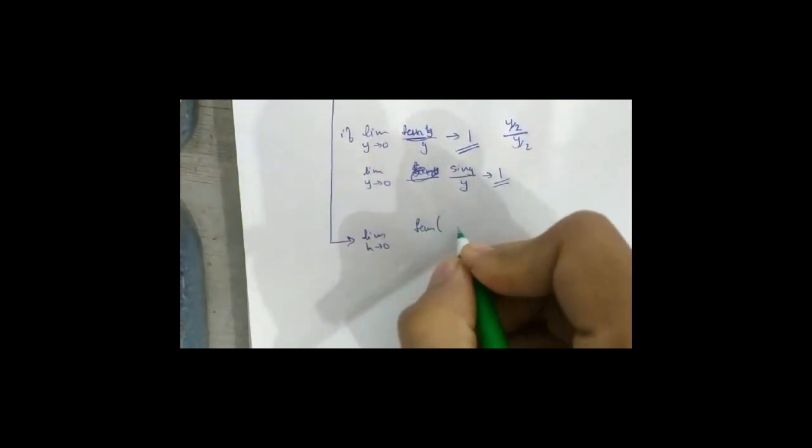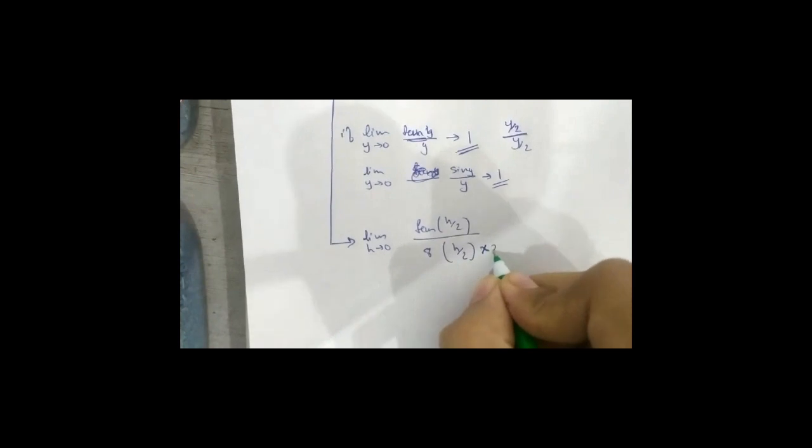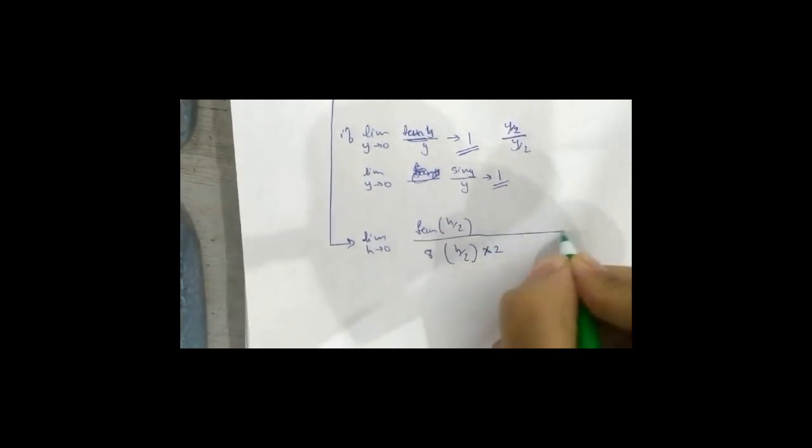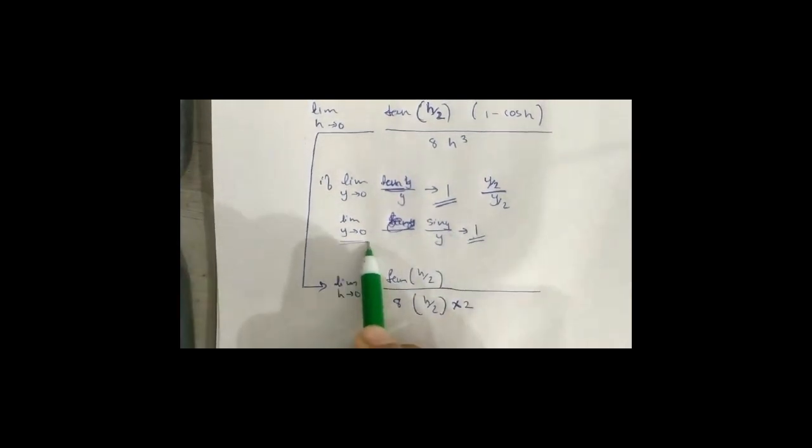Limit h tending to 0, and basically I am trying to make the phases of the limit the same. I will simply multiply 2 here, and I just told you that sin y by y tends to 1 if y tends to 0, right? Can we somehow manipulate this?